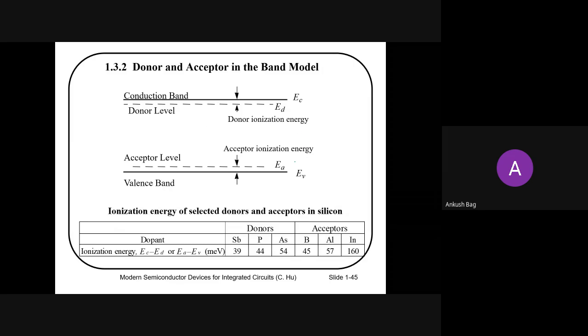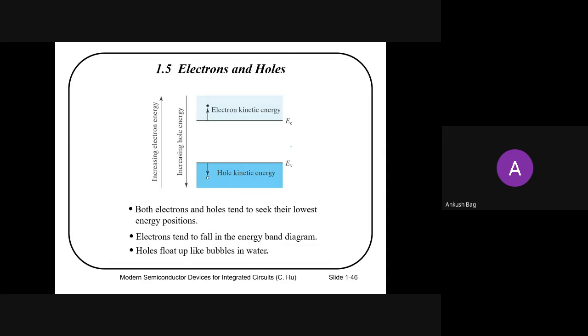This is also something we have discussed: how the energy of electron and hole are changing. In the band diagram, when you increase the energy of an electron, it will move up, so the kinetic energy of the electron will increase in this direction. This is the electron energy. At the same time, if you increase the energy of a hole, the hole will go down.